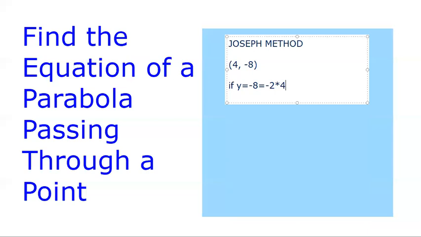But I'm showing you this method so that you can see and do it in a systematic way. Although it's able to have different outcomes and different equations, you can still do it in a systematic way every single time. Okay, so my y is negative 8, my factors are negative 2 and 4, and then I'm going to say it equals my x value, which is 4, to be the first number.